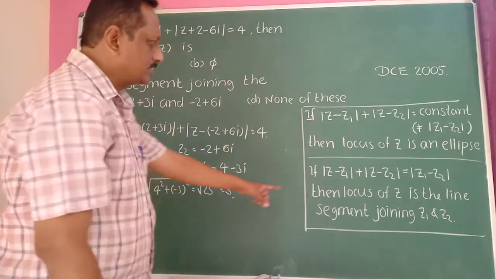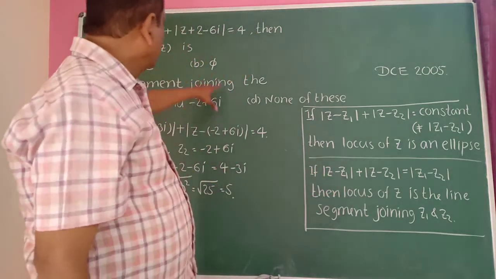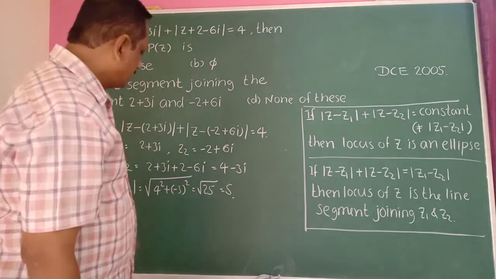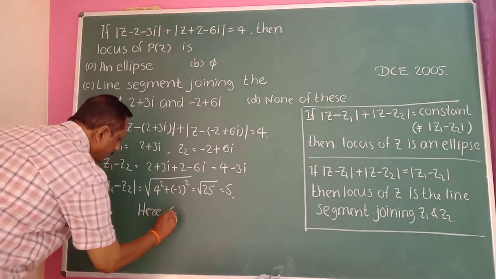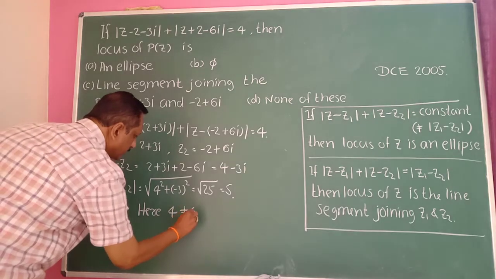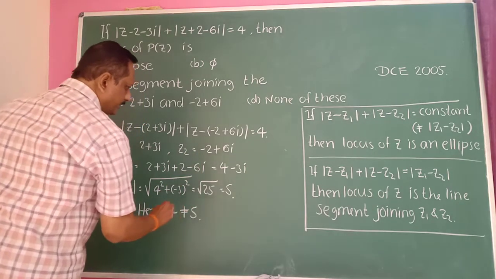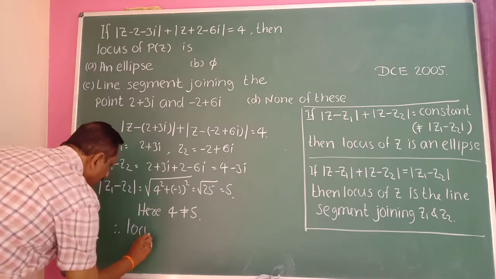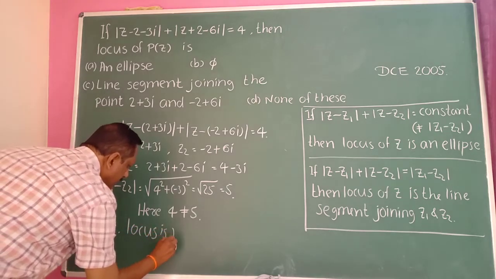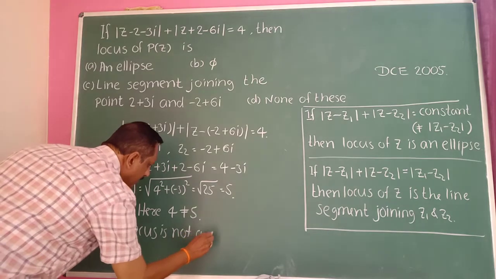According to this condition, both are not equal. 4 is not equal to 5. Therefore, the locus is not a straight line.